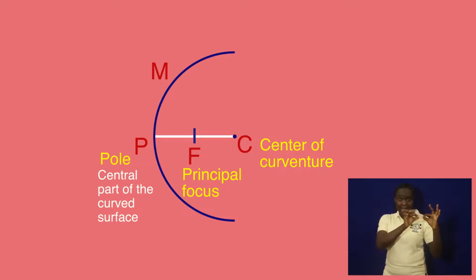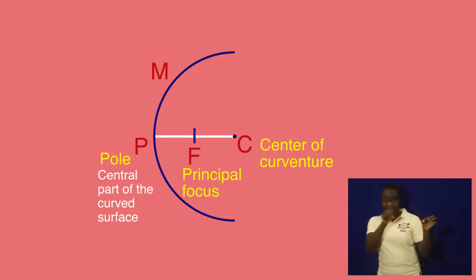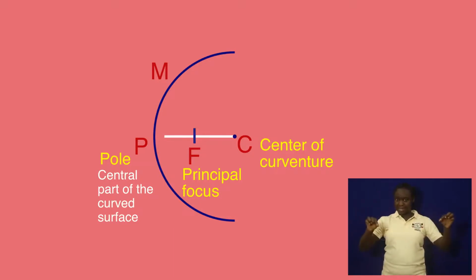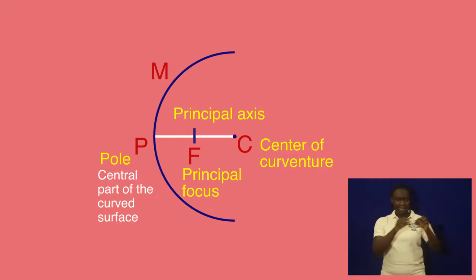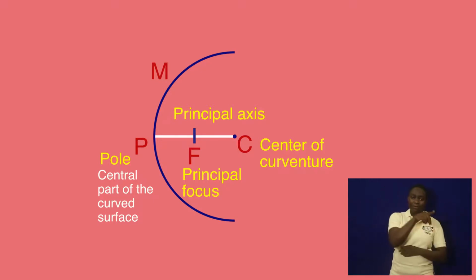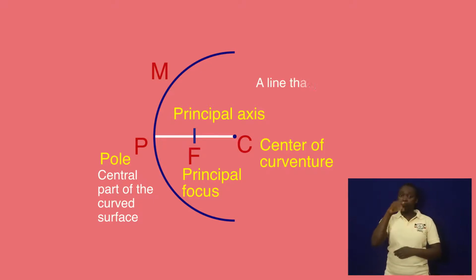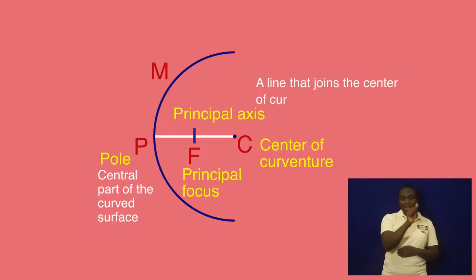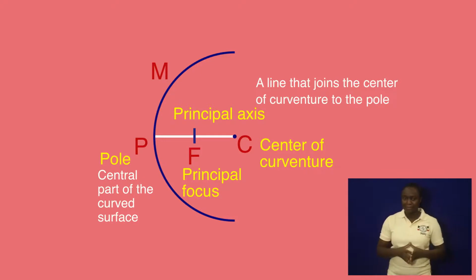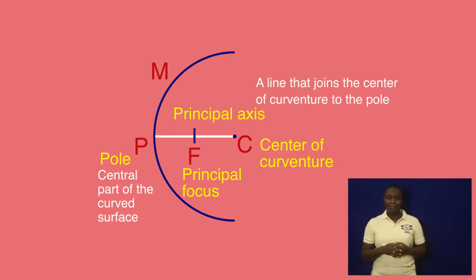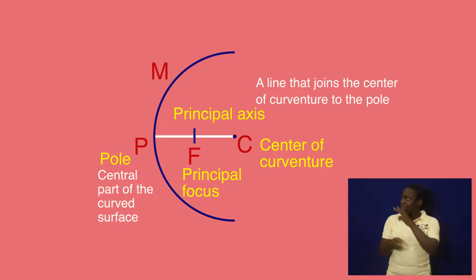The line that joins the center C to P is called the principal axis. That line that you drew from C to P, that long line, is called the principal axis. A line that joins the center of curvature to the pole. You can refer to the diagram.